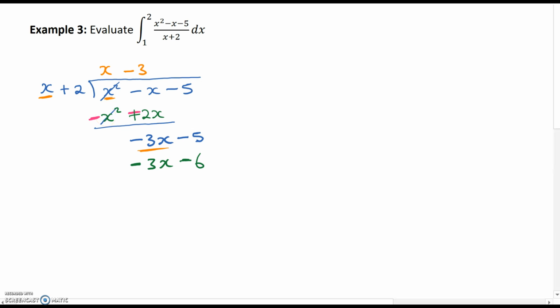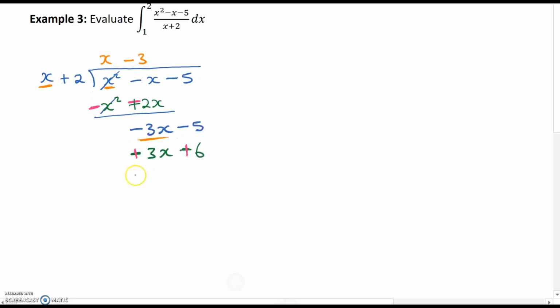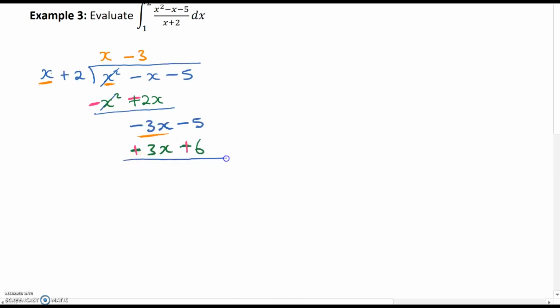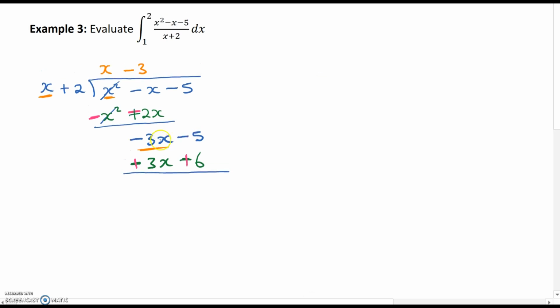So we change the sign on the bottom line: this becomes plus 3x, and this becomes plus 6. Then we add those two lines. Minus 3x and plus 3x cancel. Negative 5 and plus 6 gives you plus 1.